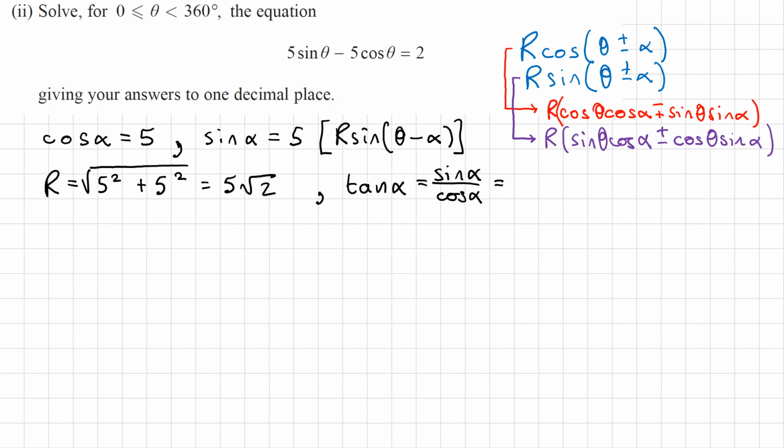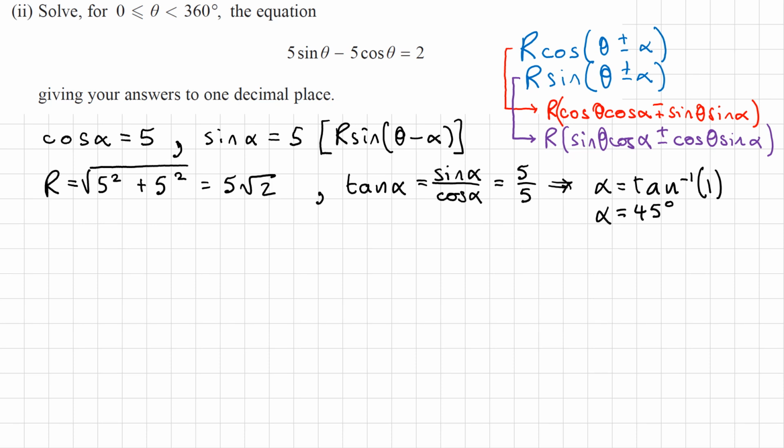Sine alpha is 5, cos alpha is also 5, so alpha is going to be the tan inverse of 5 over 5, in other words, the tan inverse of 1. That means we get alpha equal to 45 degrees.